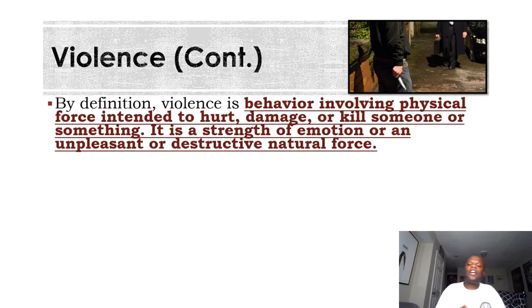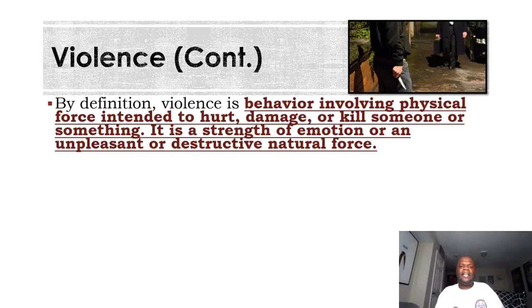It is a very strong emotion or an unpleasant or destructive natural force. So violence being a behavior, if a person is exhibiting violent traits or violent tendencies, that's a behavior in which they want to hurt, damage, or even kill someone. That's dangerous, right? It's very dangerous.